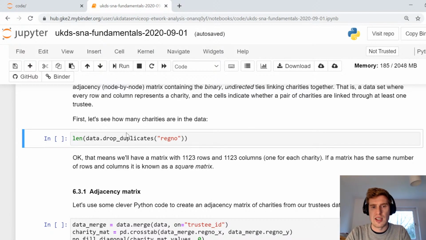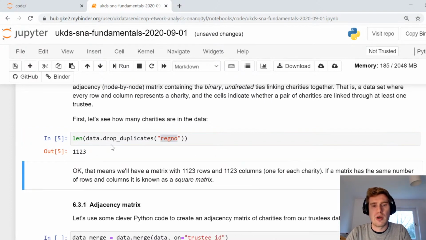So basically I say count the reg no, that's the registration number column, by dropping duplicates. So I only want you to count unique instances of charity number, and we get 1,123. So there's 1,123 charities in Manchester that are connected through their trustees.